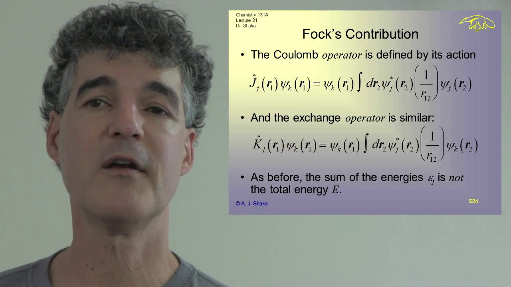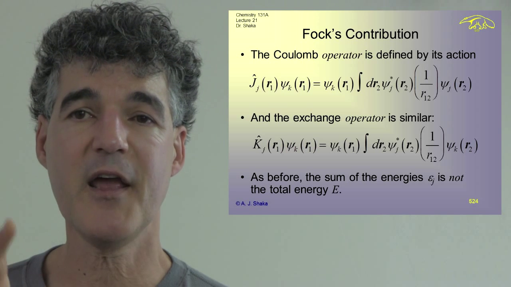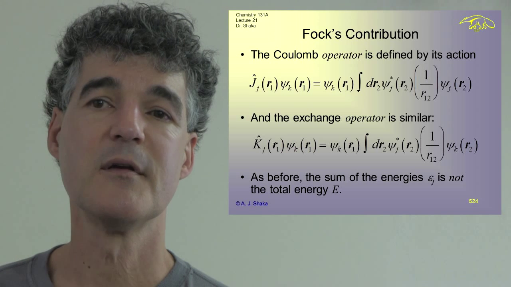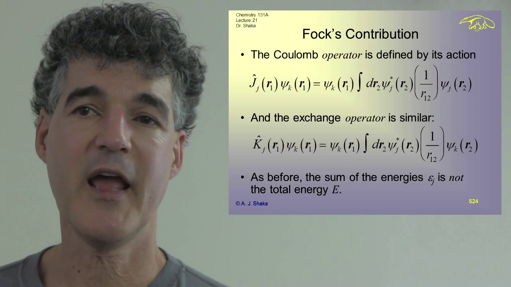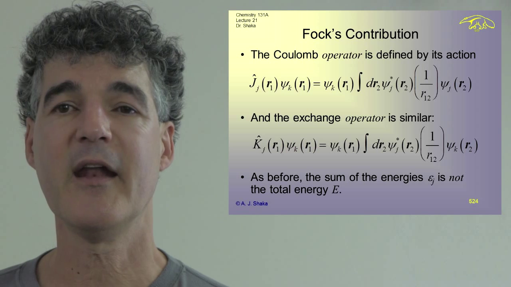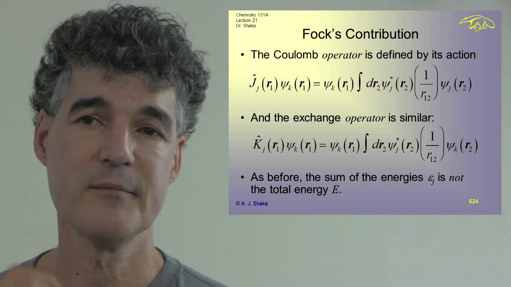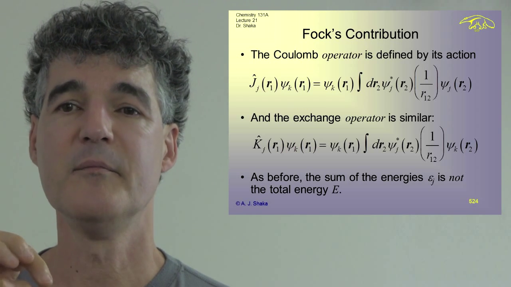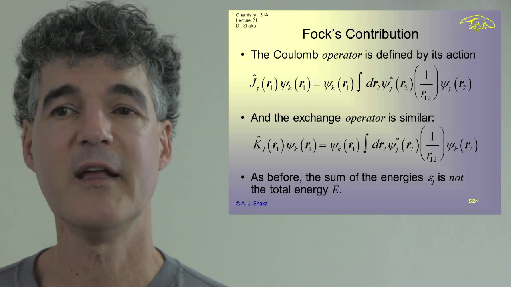The Coulomb operator, when the Coulomb operator with subscript j operates on some wave function psi k, it returns psi k times the integral of psi j integrated out over the other coordinate. And the exchange operator is similar. When the exchange operator operates on a function, it returns the function and it integrates over its own index.